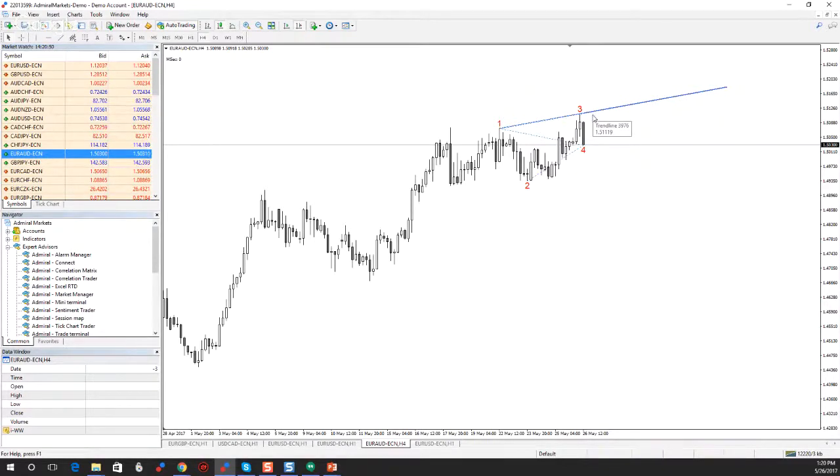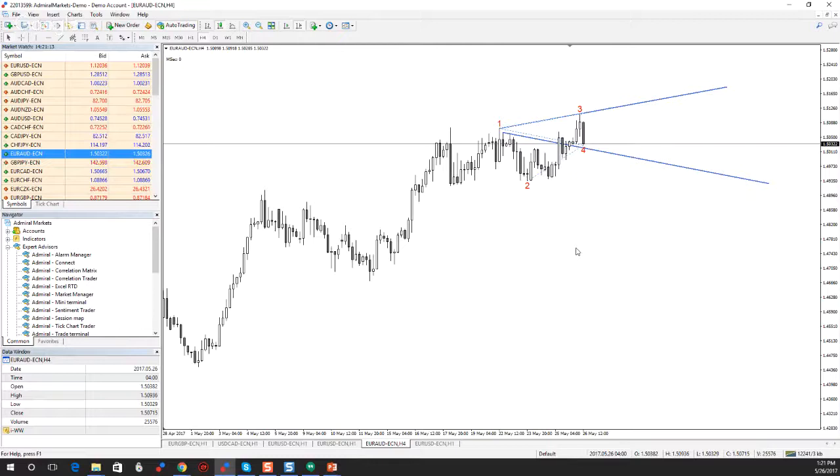If you want to go with the breakout, then wait for the price to break the 1 to 3 and close back, or simply break the 1, 2, 3 trend line again by 2 or 3 pips. And then you just make a move towards the 1 to 4 trend line. So this will be your target once the price makes this move.